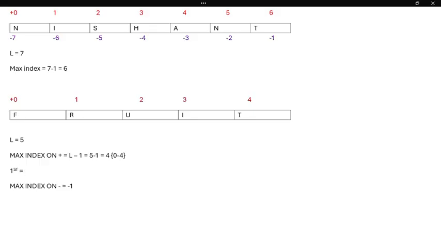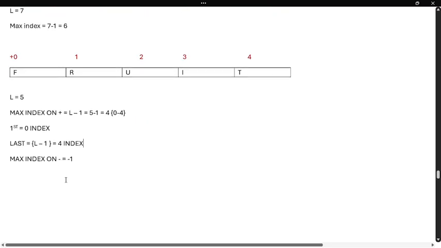The first character will be at the zeroth index, and the last will be at the L minus 1 index, which in this case is the fourth index. Zeroth index, fourth index.